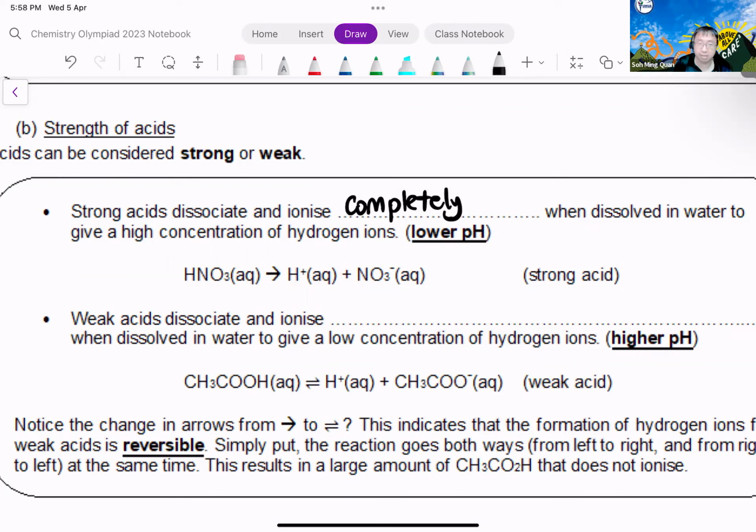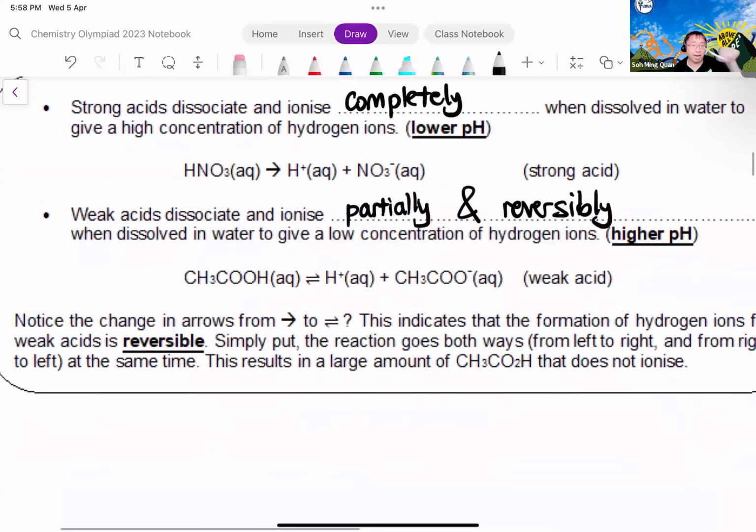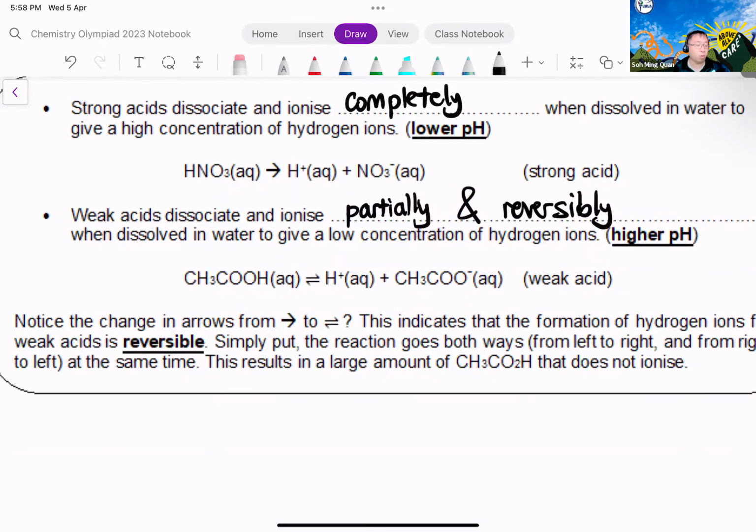Okay, it's complete. However, weak acids dissociate and ionize partially and reversibly when dissolved in water to give a low concentration of H+ ions. So you can see this in the example, CH3COOH. You notice the arrow is double direction, forward, backward.